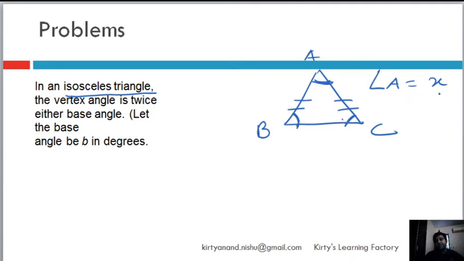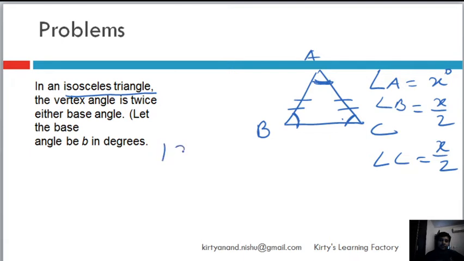So if this is x degrees, then I can say that angle B is x by 2 because vertex angle is twice of this, and then angle C is also x by 2 because these two angles are equal. But we know that sum of the three angles of a triangle is equal to 180 degrees. So what are my angle A plus B plus C?